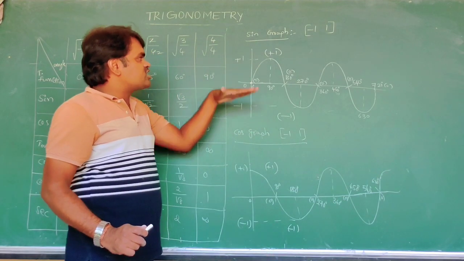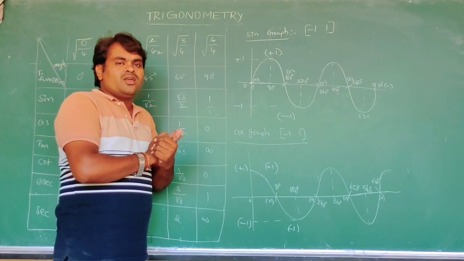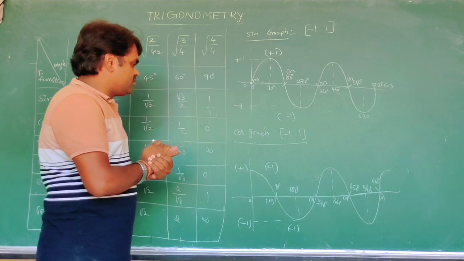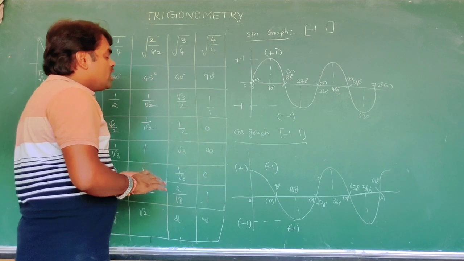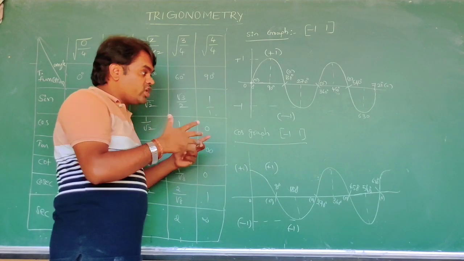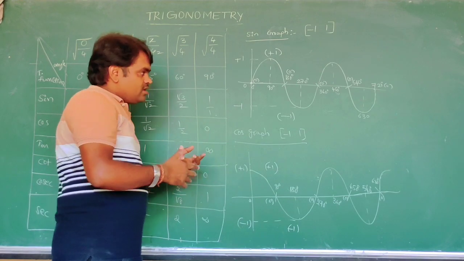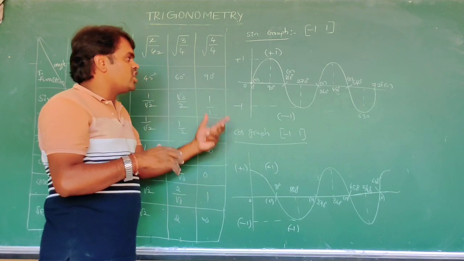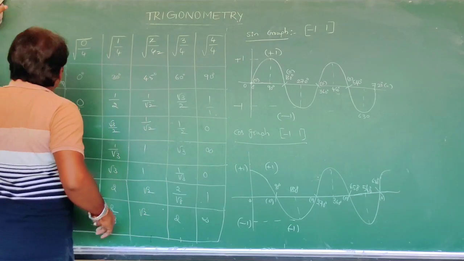That means cos and sine oscillate between minus 1 and plus 1. That's why we use this sine graph and cos graph in harmonic oscillators. It's very important in waves that we can use these sine and cos graphs.